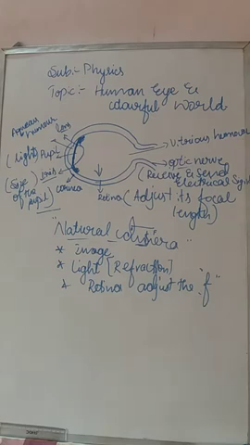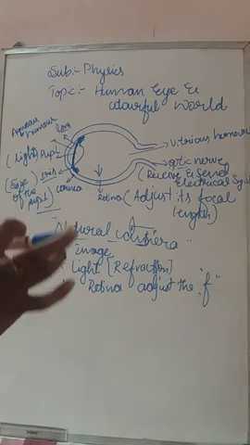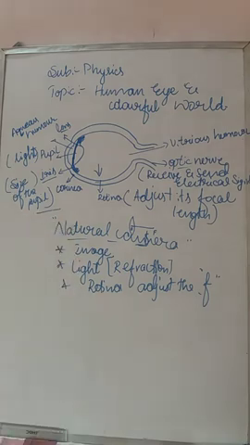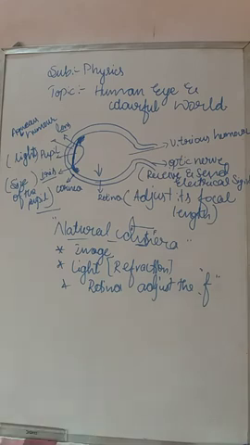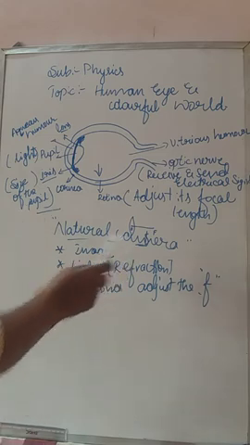Once again I'll tell you, concentrate properly. The first thing is the lens of the eye forms an image on the retina. So light enters the lens, which adjusts the focal length and undergoes refraction.